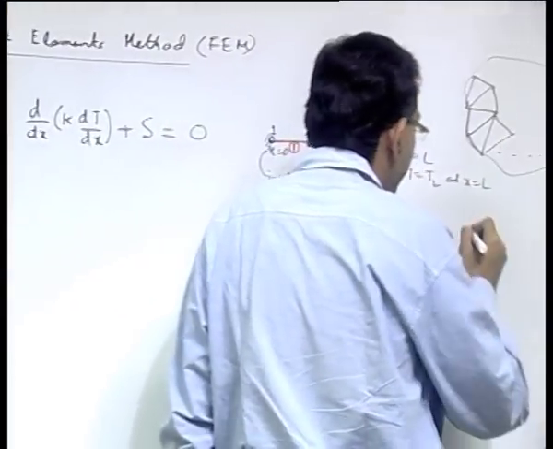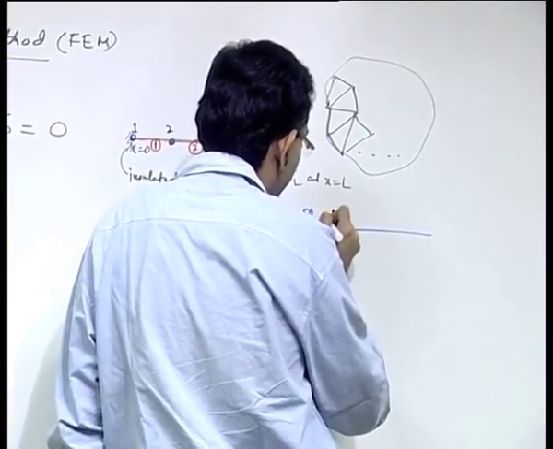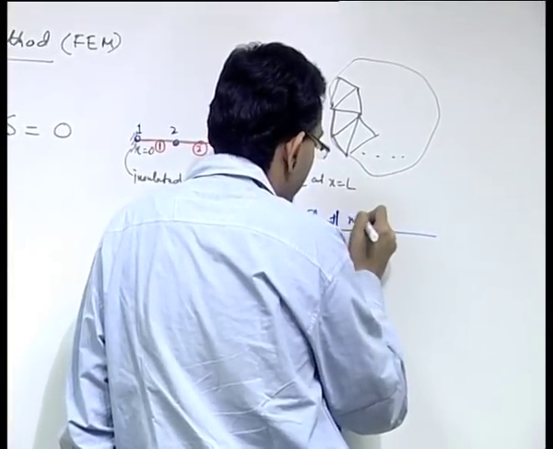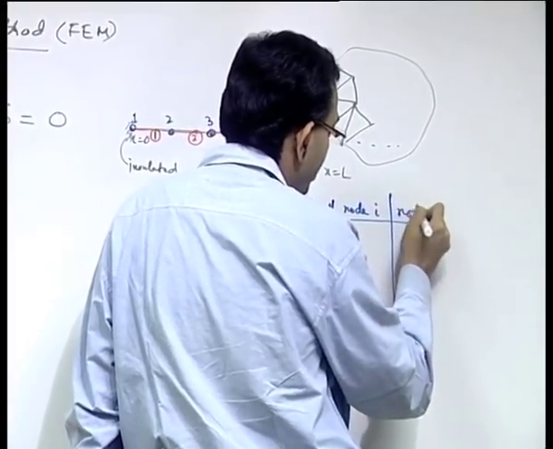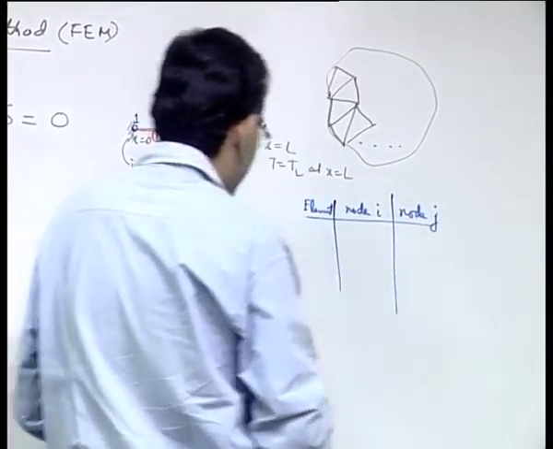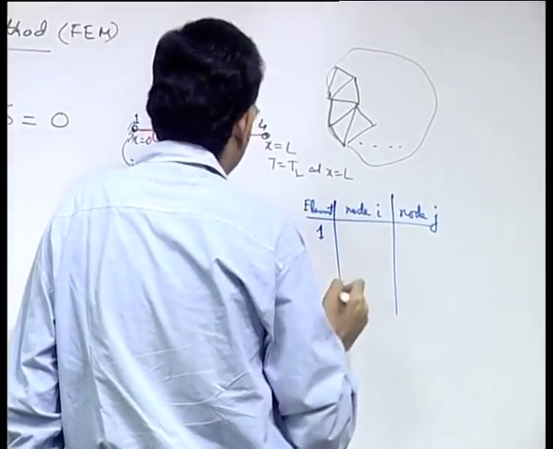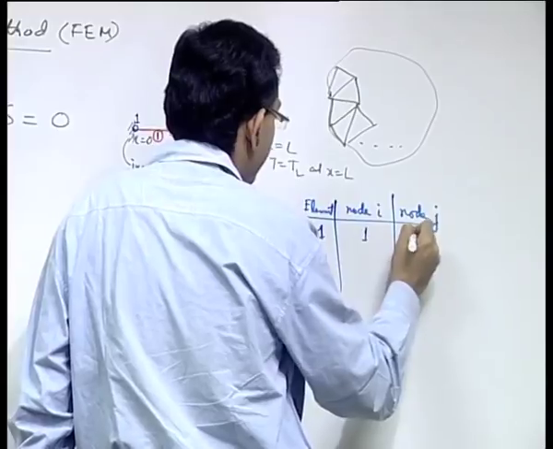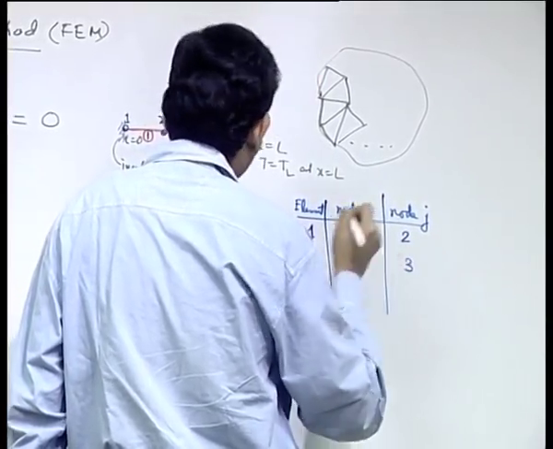Now, you can prepare a chart where for each element you can identify the nodes. So, for element number 1, the first node is 1, the second node is 2. For element number 2, first node is 2, second node is 3.